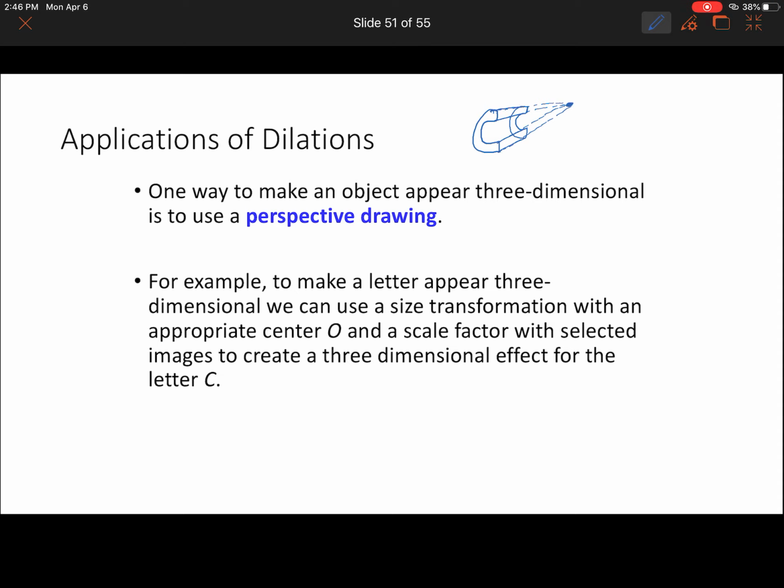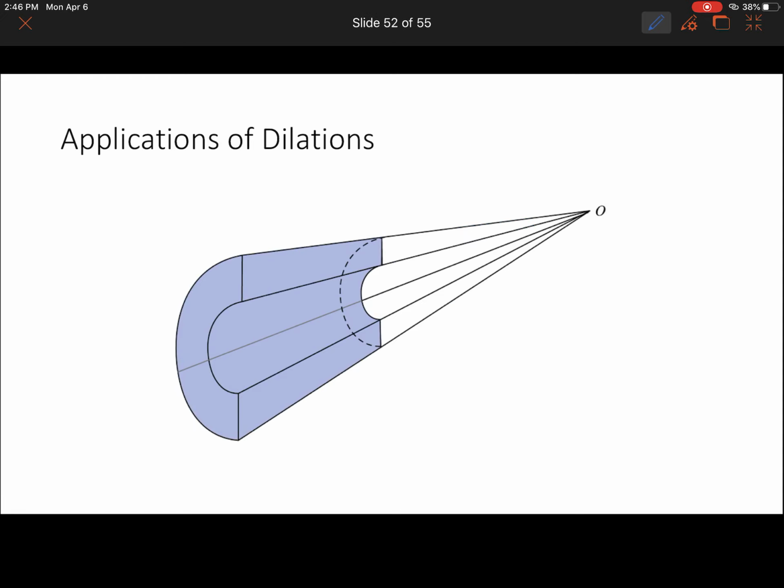And so you can see that C is expanded. We've stretched it out towards that point O. And so it would look like this if it's done accurately, where you do expand that out.